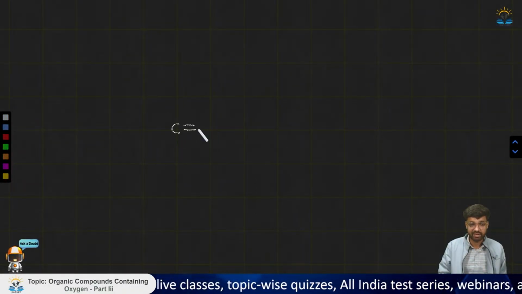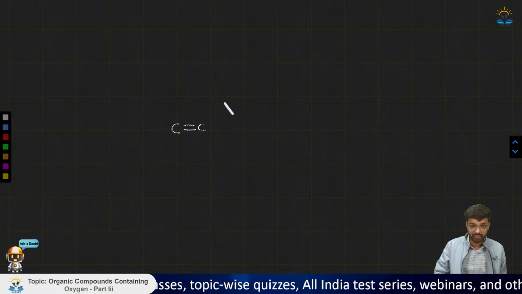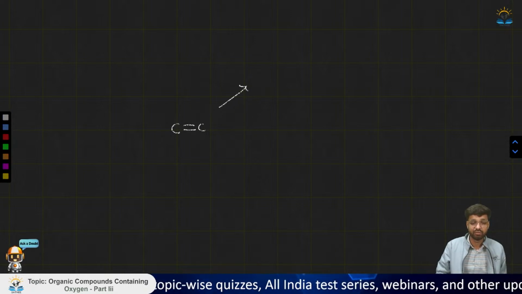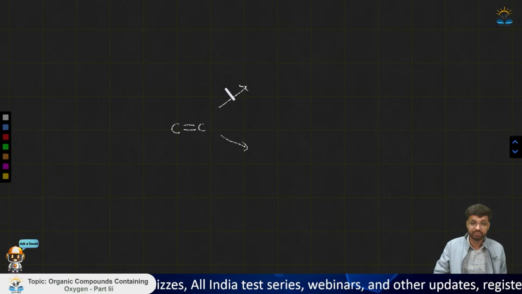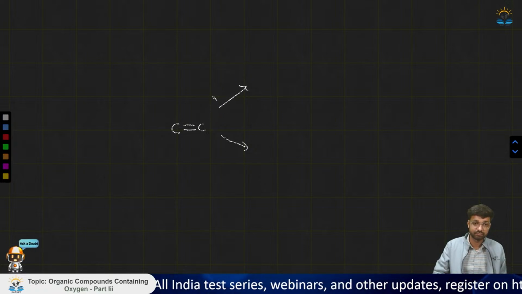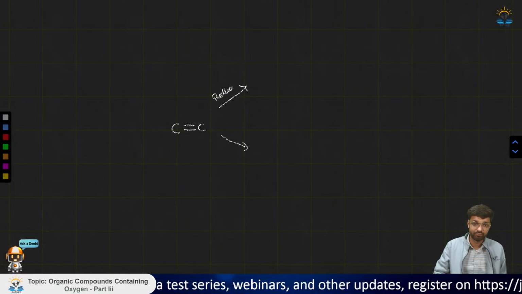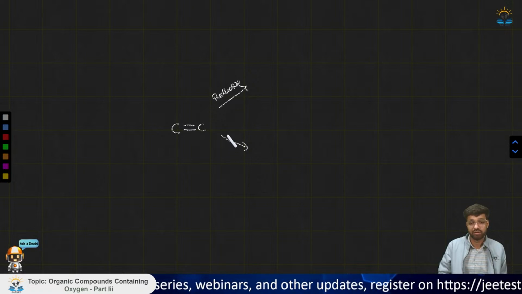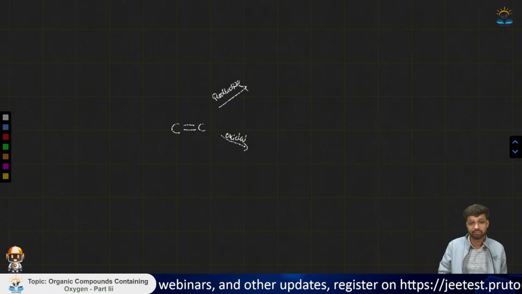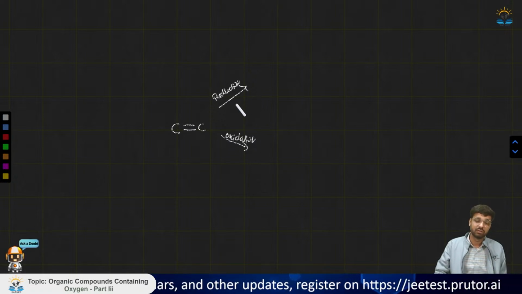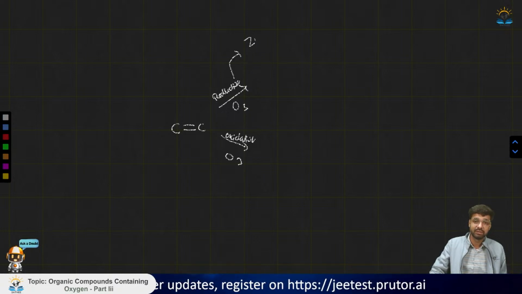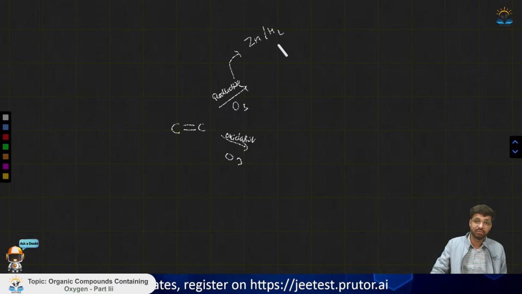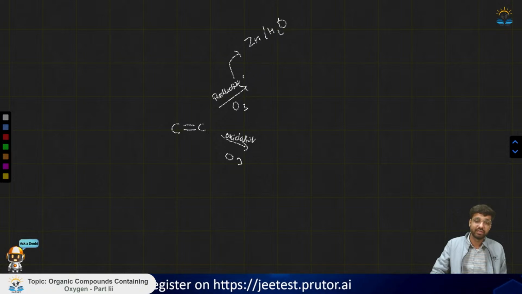If you have an alkene, it can be done in 2 ways. This is the reductive one, and this is the oxidative one. We take O3. For reductive, we can have Zn dust and H2O, or we can have Me2S.